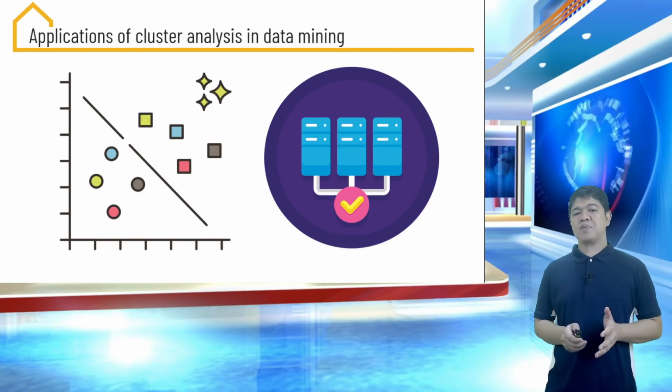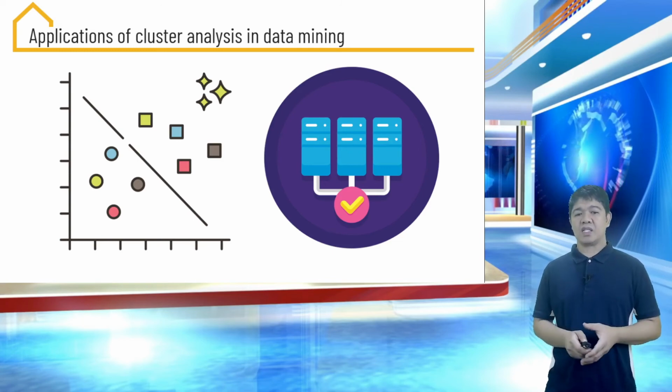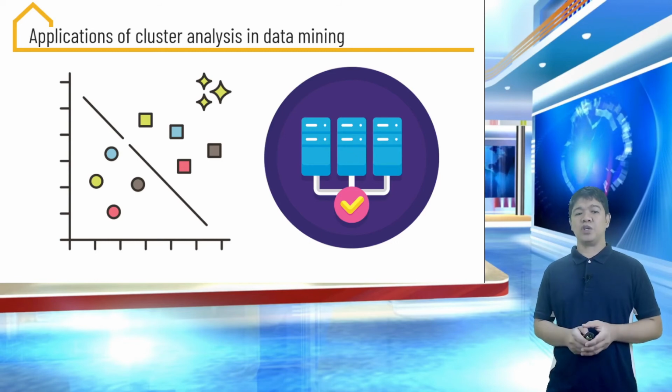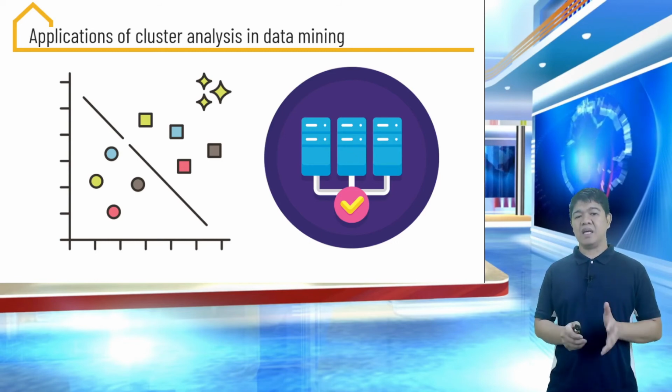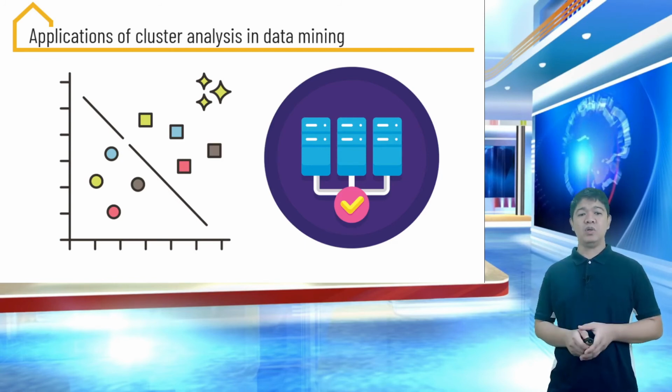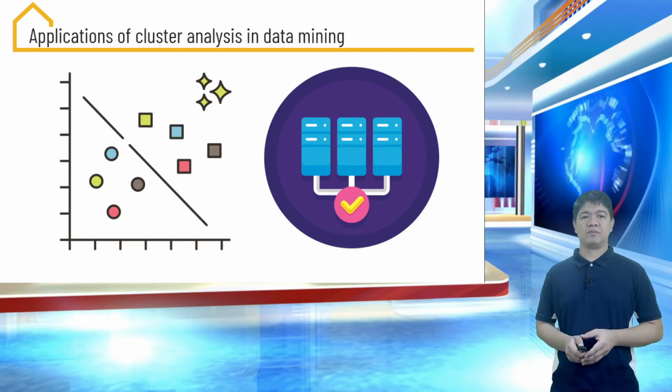It also helps in the identification of areas of similar land that are used in an Earth observation database and the identification of house groups in a city according to house type, value, and geographical location.